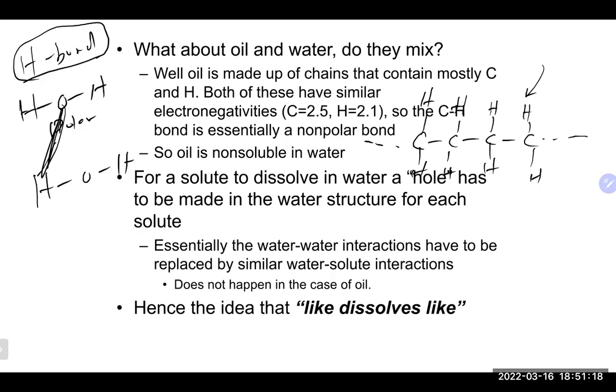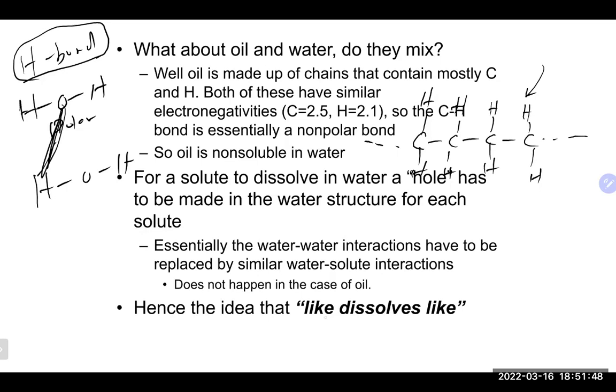That brings up a common idea when we talk about solubility: like dissolves like. What we're really talking about here are intermolecular forces, the way one molecule interacts with another. Things that have very similar forces are very soluble in each other, and things that have very different ways of interacting are typically insoluble.